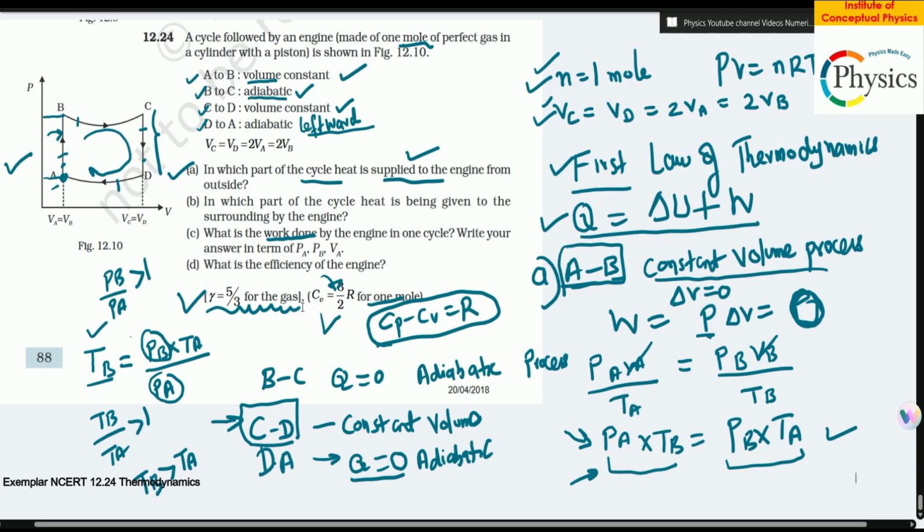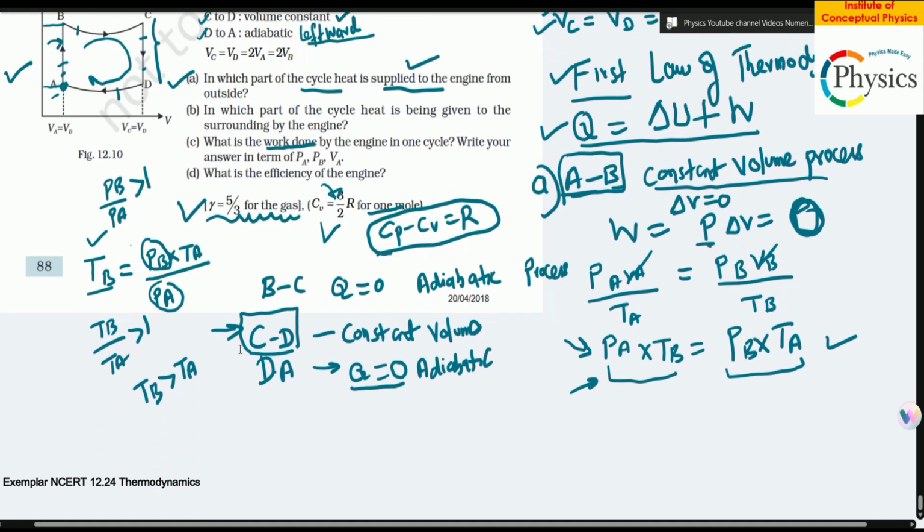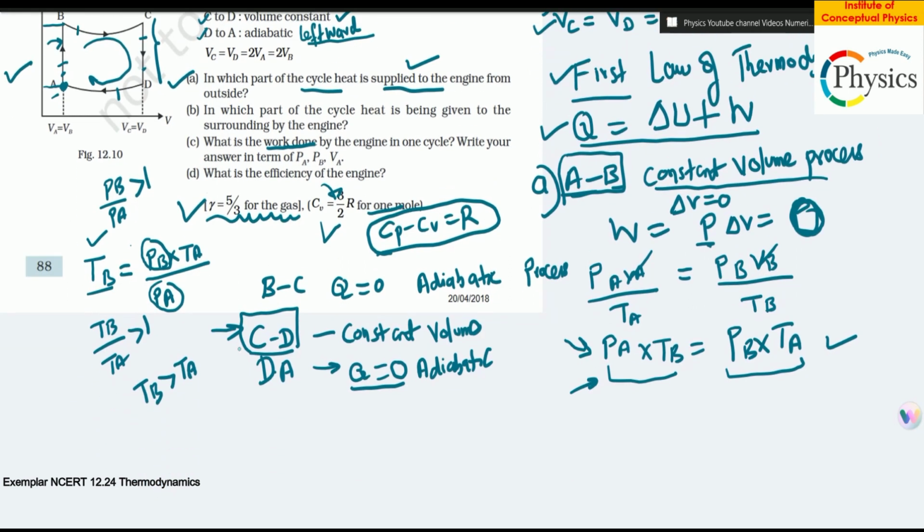The temperature goes up at a constant volume, right? So there is a delta T involved from A to B. So I'm back to this A to B. In A to B, what we have found out is that the temperature increases from TA to TB.